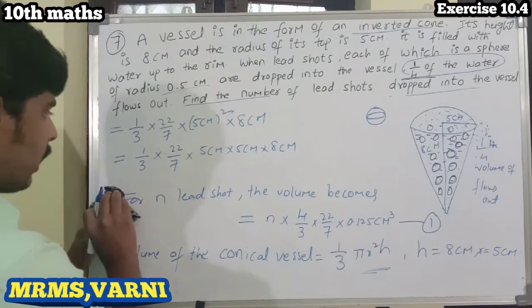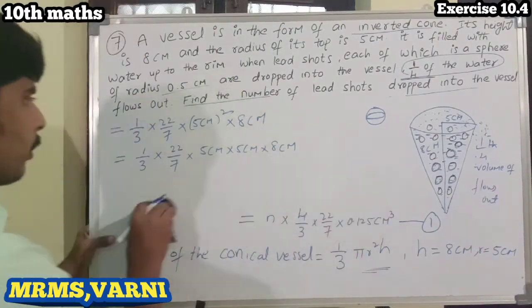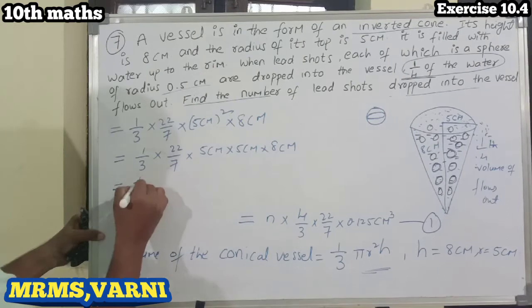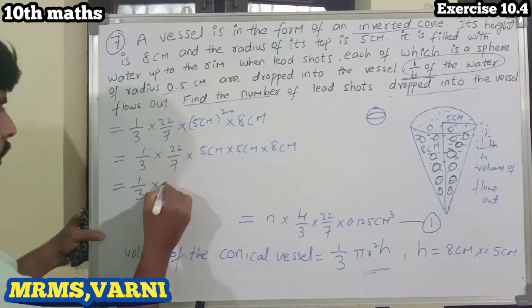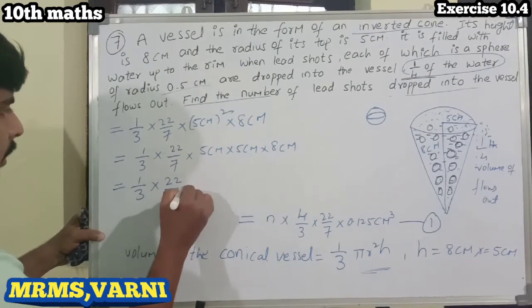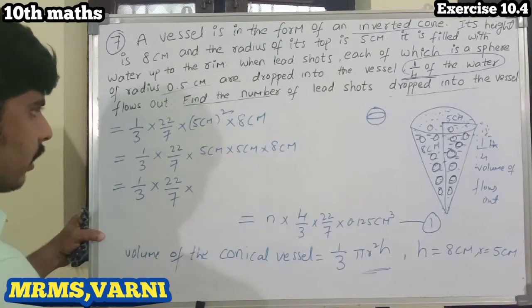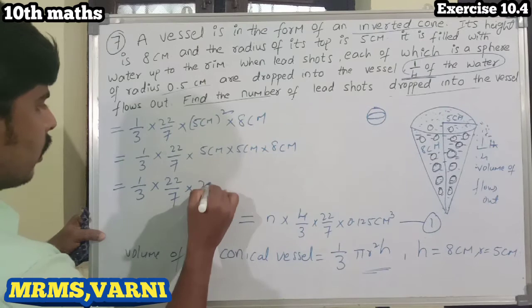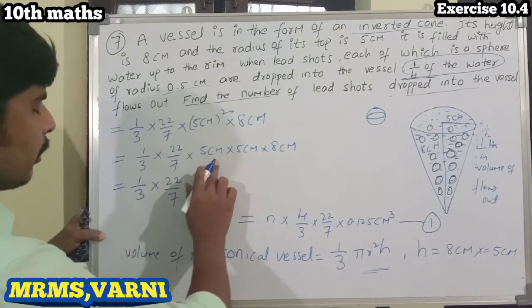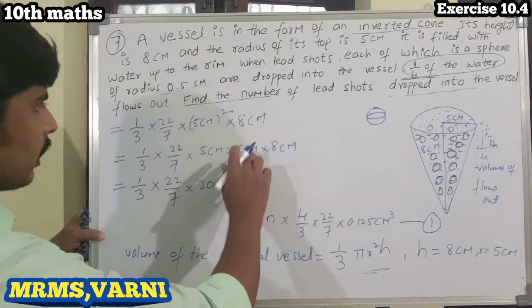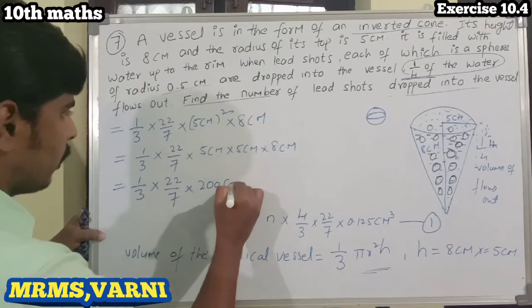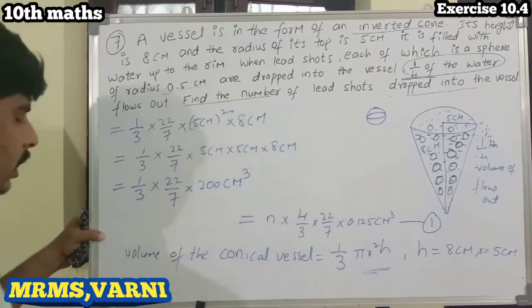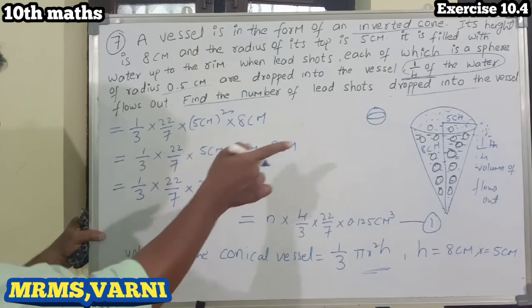Next, 1 by 3 into 22 by 7 into 5 5s are 25, 25 8s are 200, 200 centimeter into centimeter square into centimeter, centimeter cube. This is the volume of the conical vessel.